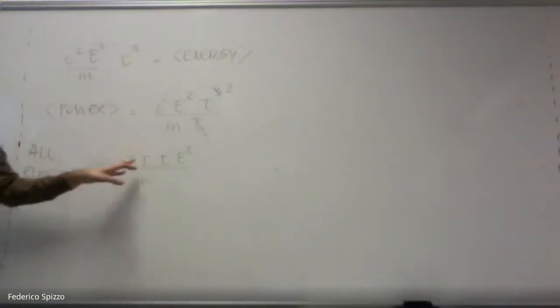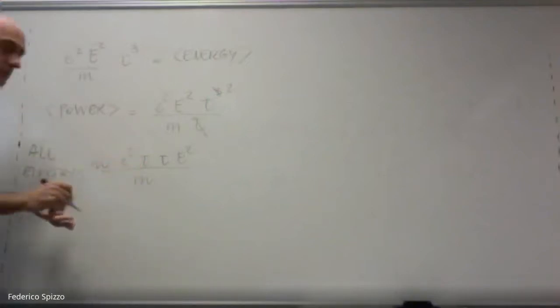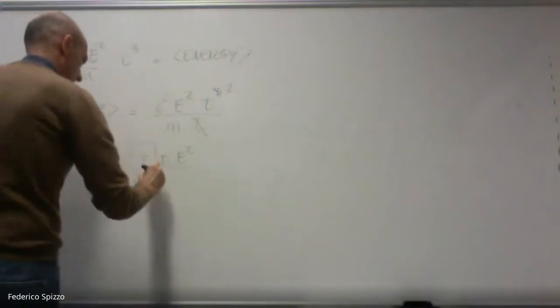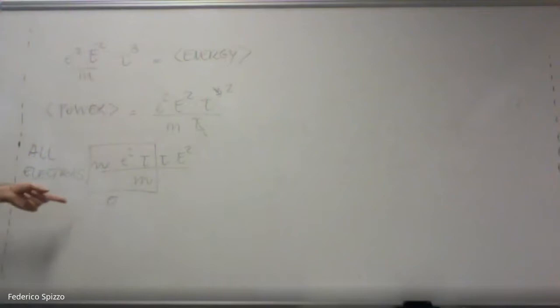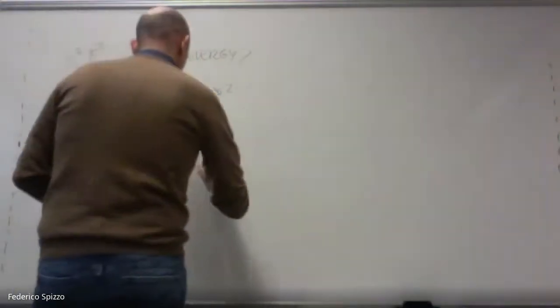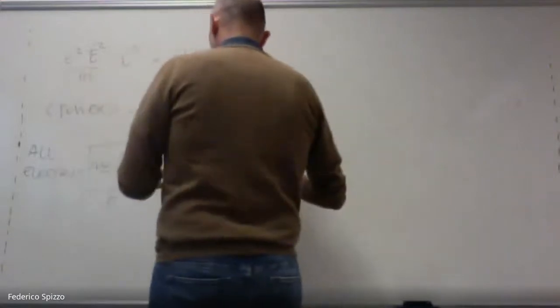I divided things in this way because density times e squared times relaxation time divided by m is the conductivity. So this is sigma.